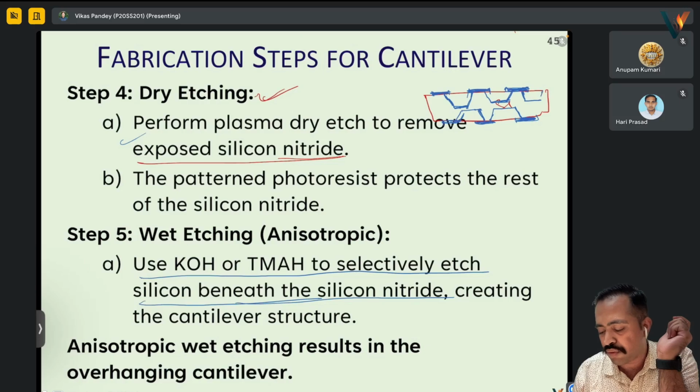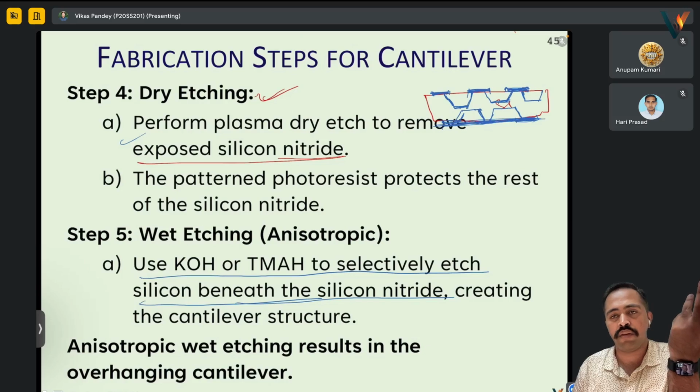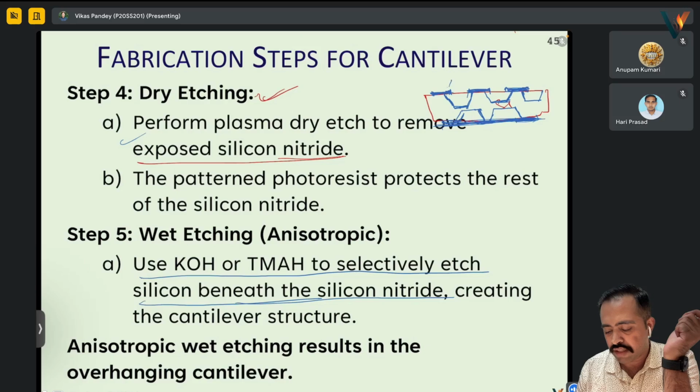And if you don't want anything to be made on the back side, you just keep the silicon nitride intact, don't pattern it. Fine, not an issue. Okay. And this will result in our overhanging silicon nitride, and this will be the cantilever, and that can be used for further uses.